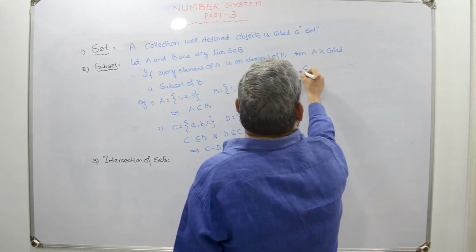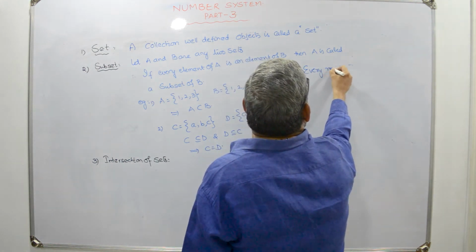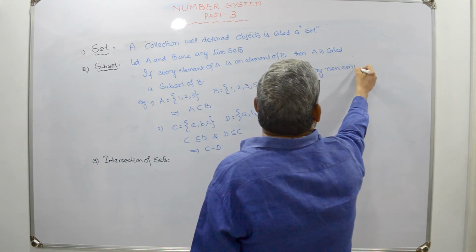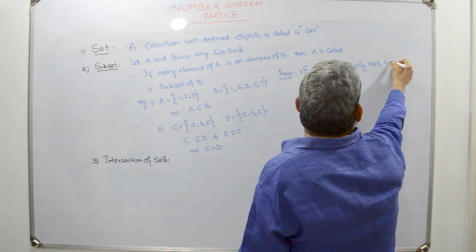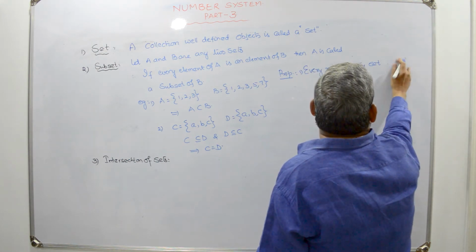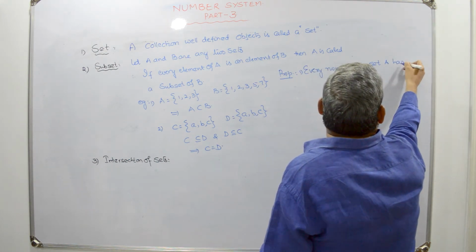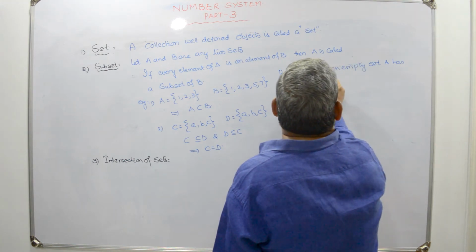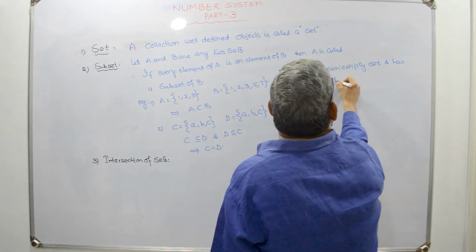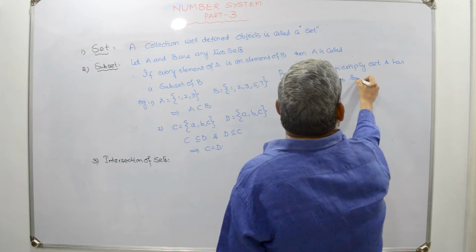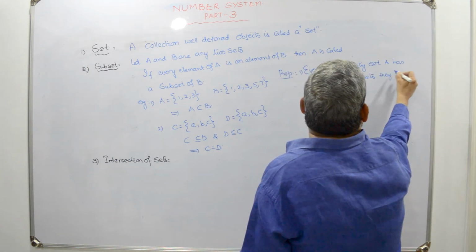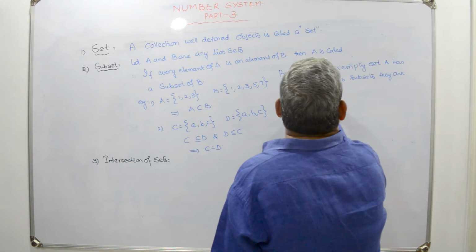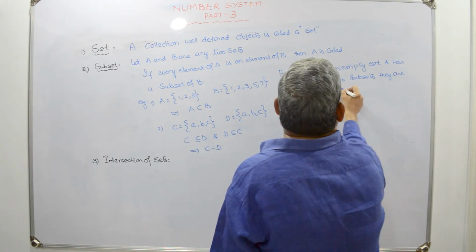Every non-empty set A has at least two subsets. They are phi and A itself.